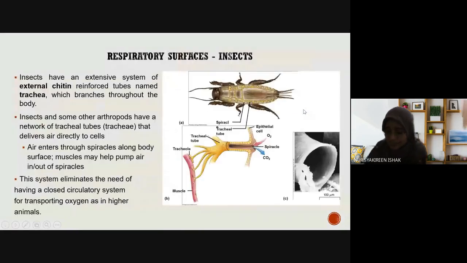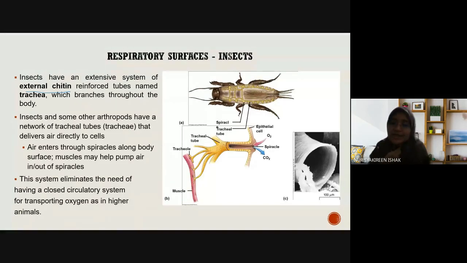Okay, so respiratory surfaces for insects. Okay, so insects have an extensive system of external chitin. Okay, external chitin, reinforced tubes named trachea. Okay, so which branches throughout the body.